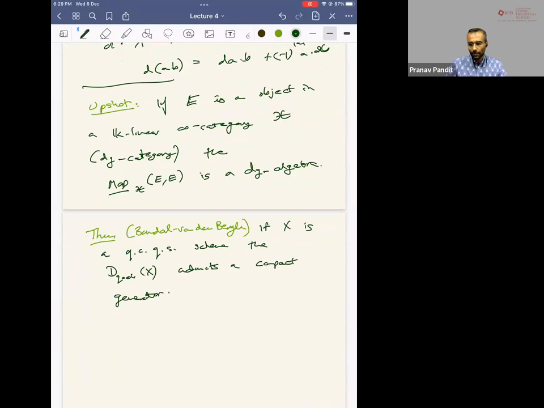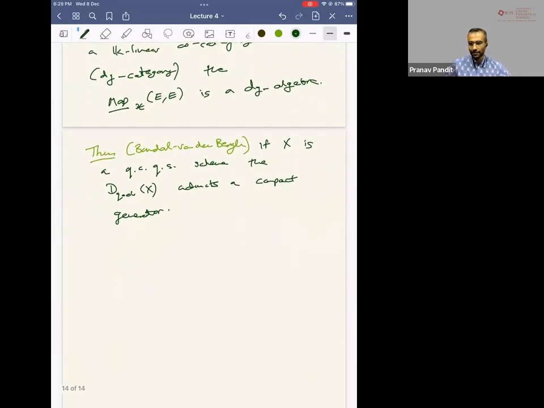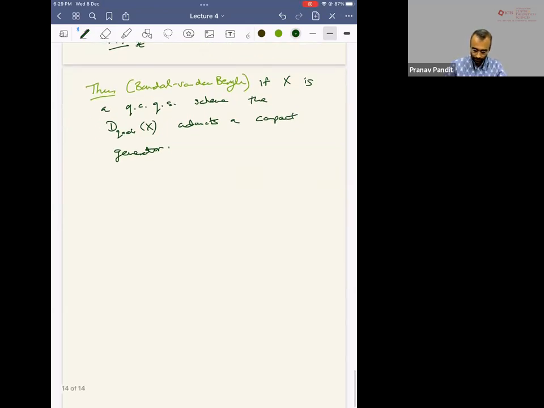So if you care only about the derived category, if you only see geometry through the eyes of the derived category, then every scheme is non-commutative affine, can be viewed as a DG affine scheme, if you allow associative but not commutative rings. That's what this says morally.